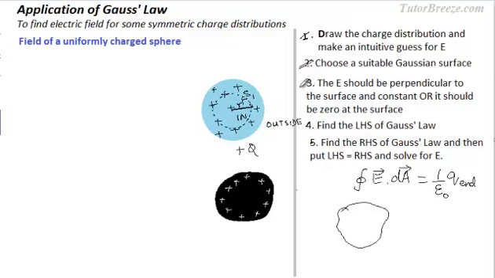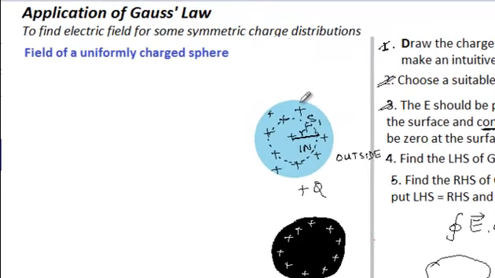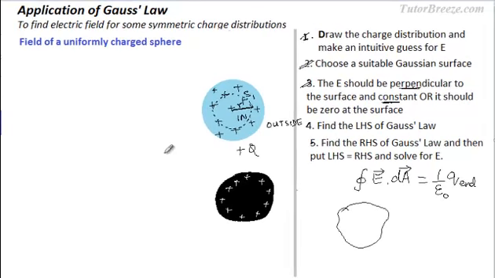The next step is we need to check if the electric field is perpendicular to the surface and if it is constant at the surface, or it should be 0. See, you know that the electric field over here is not going to be 0 for this surface. Now let us check if it is constant and perpendicular to the surface. So if this is the surface of the sphere, we'll have the electric field at each point perpendicular to the surface of the sphere.